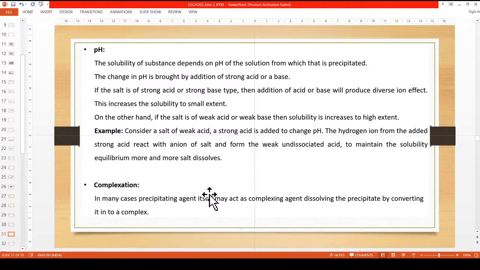So what is their role? They resist sudden change in pH value. So the change in pH conditions that would affect the precipitation will be avoided.